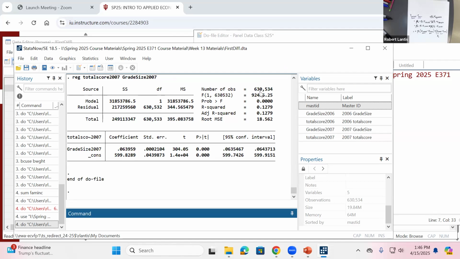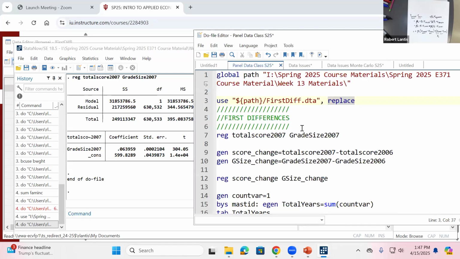And I've got a ton of observations, right? So why is this p-value so close to 0? My sample size is 630,000, right? So we're definitely going to be able to find some statistical significance. Now, the problem is that the coefficient might be biased, right? Because I haven't controlled for a lot of omitted variables. Anything that would be constant within a student across time, I haven't accounted for, but I can account for that if I use a first difference approach.